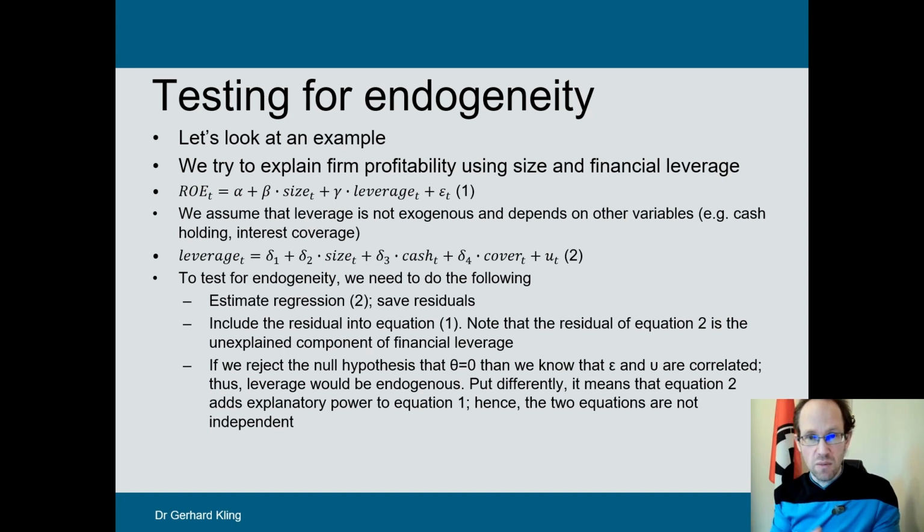And this might cause a relationship between the independent variables and the error term. If there is a correlation, say, between financial leverage and the error term, then you violate OLS assumptions and endogeneity is present. Now this will bias your regression model.